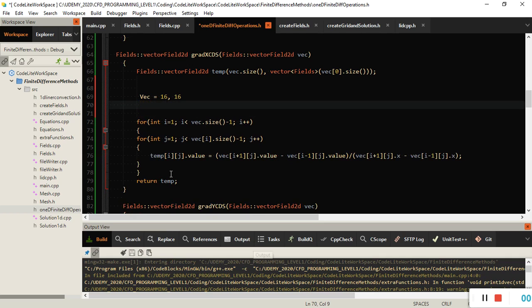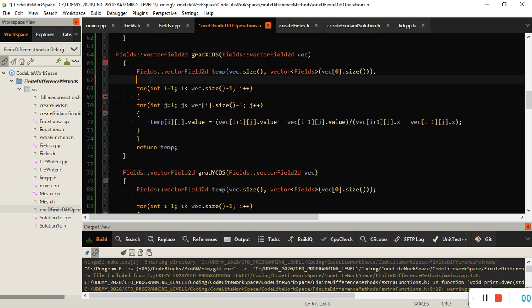So when we start from 1, we can't go out of the vector size at the beginning. And when we end at minus 1, then even if we take a value from I plus 1, we will still reach the maximum size. So we will never go out of scope.